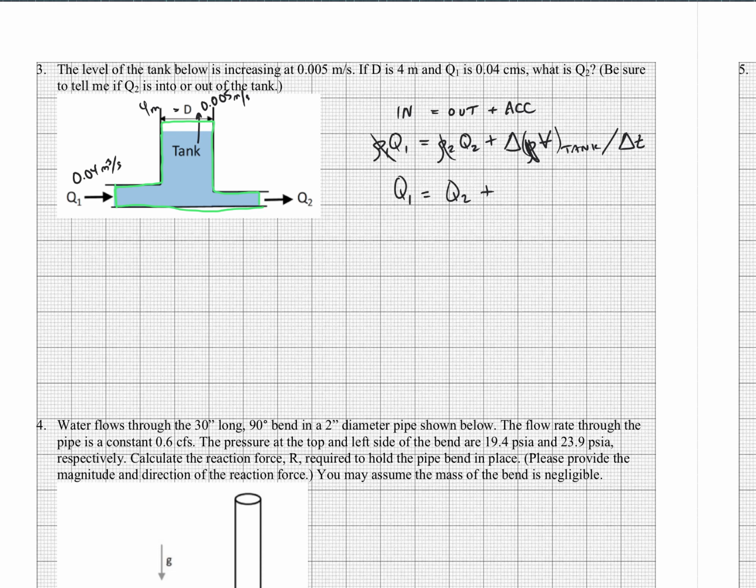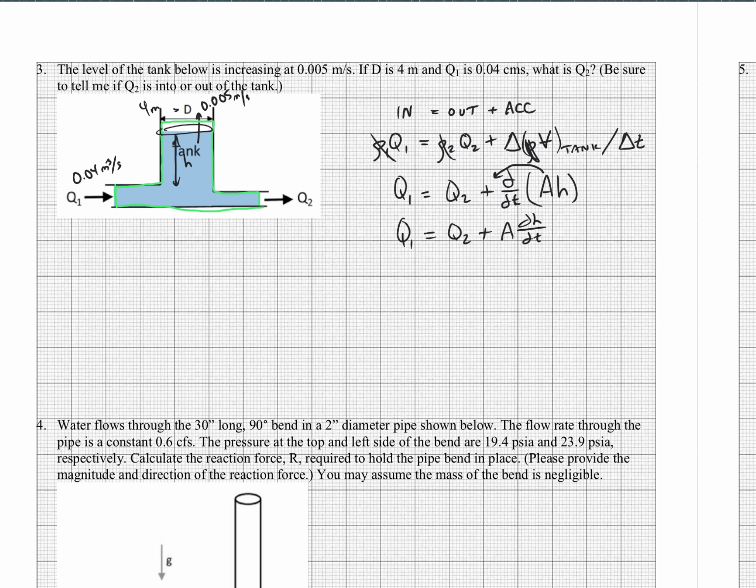So the d by dt, we're going to make it an integral of volume, and the volume in this case is the area times the height. The area is this area, and the height is this height. We're going to take this area out of here because it's constant. So I'm saying Q1 equals Q2 plus area times dH dt.